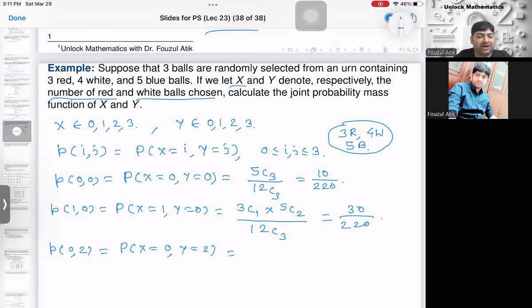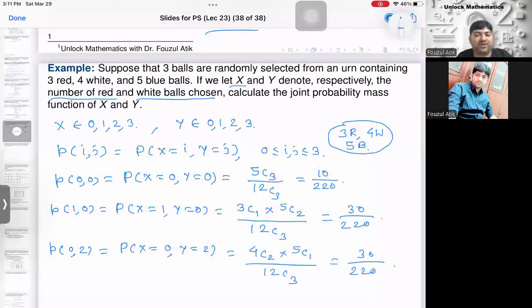That means one ball must be a blue ball. White balls are 2, so 4C2 ways you can select. Among the 5 blue balls, one would be chosen, so 5C1, divided by 12C3. If you simplify it, it will be 30 by 220. This probability is also 30 by 220.